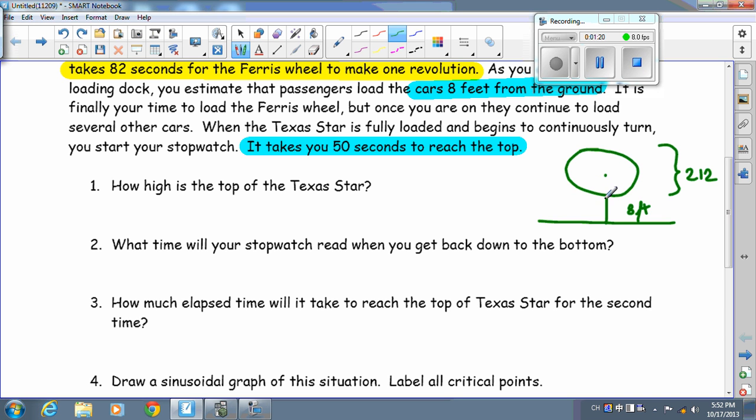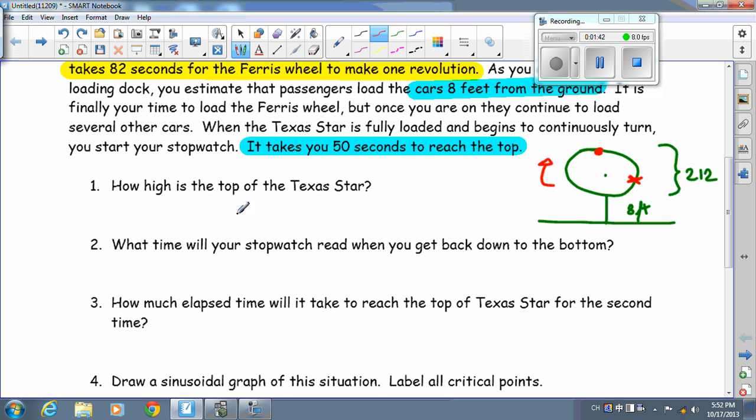So from the lowest point to the highest point, it should take half of the revolution, which is 41. But this specific problem says it took 50 seconds. So if the wheel is going this way and it's taking 50 seconds, it means that it's somewhere back here. So apparently it's moving down, going this way.